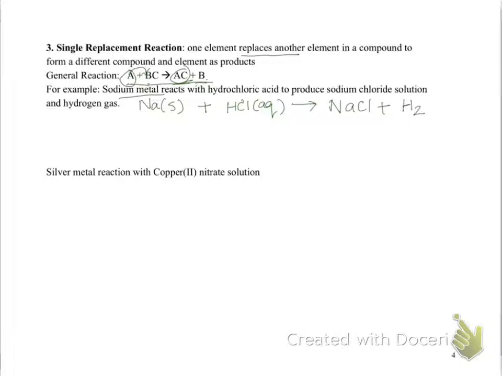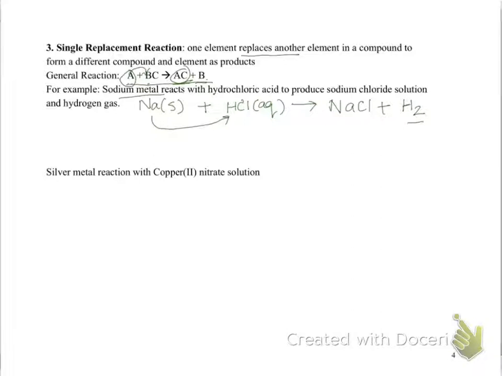Remember, in the last video I gave you a list of 7 elements that exist in the diatomic form. So if you look at what's happening in this reaction, sodium is kicking out hydrogen from HCl and taking its place, and hydrogen is released as hydrogen gas.